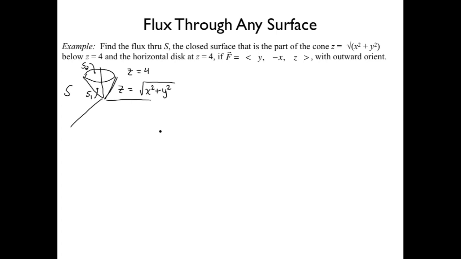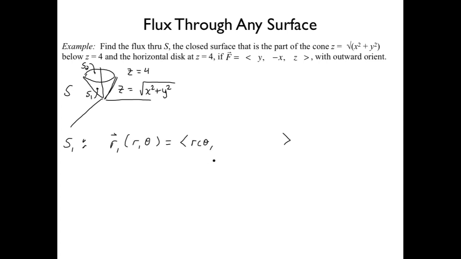So let's write the parameterized surfaces. For S1, R1 is going to be in terms of what? R and theta. So we need to write this cone in terms of r and theta. What's the x component going to be? r cos theta.